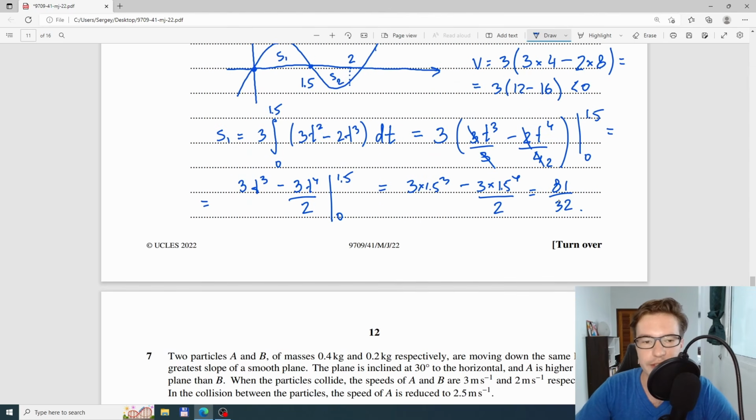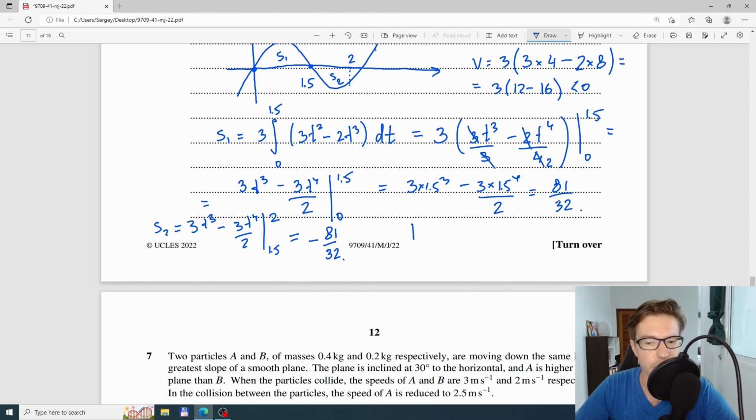Now for the second integral, it's going to be the same formula, 3t cubed minus 3t to the power 4 over 2. We have to integrate from 1.5 to 2. Then if I substitute those limits, upper limit minus the lower limit, I got minus 81 over 32.